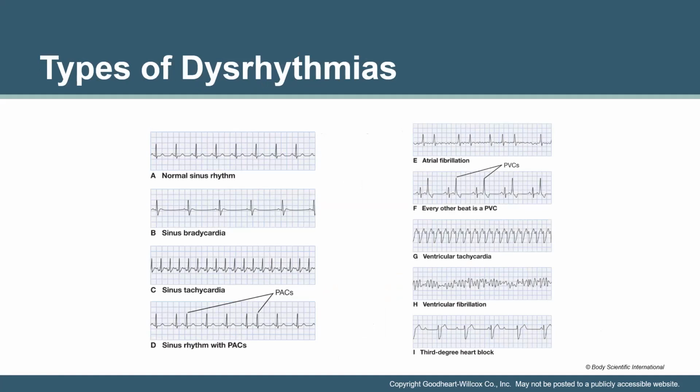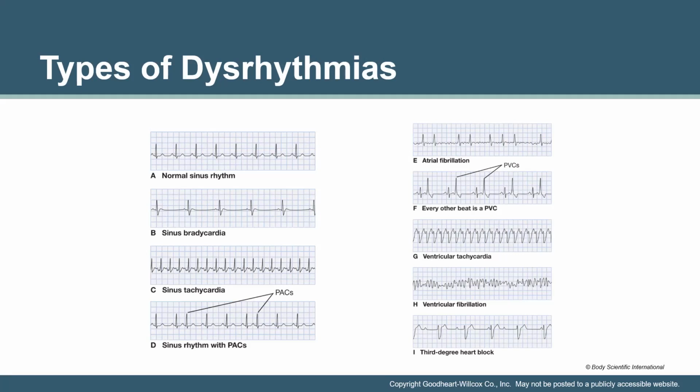In this picture, we are seeing an EKG of what we call a normal sinus rhythm. This is a normal, healthy heartbeat, what we want to see. All the waves, complexes, and intervals look great. They match and measure, and they're on a good timeline.